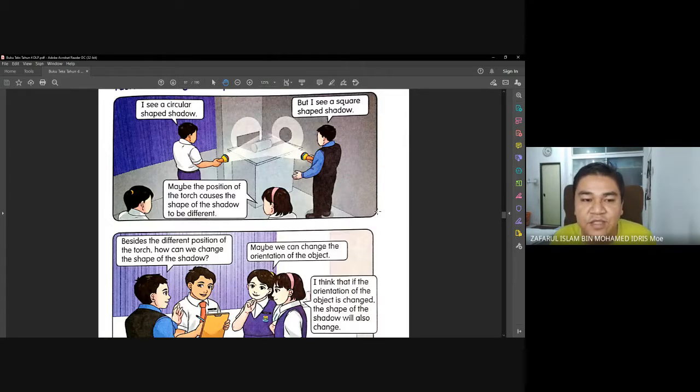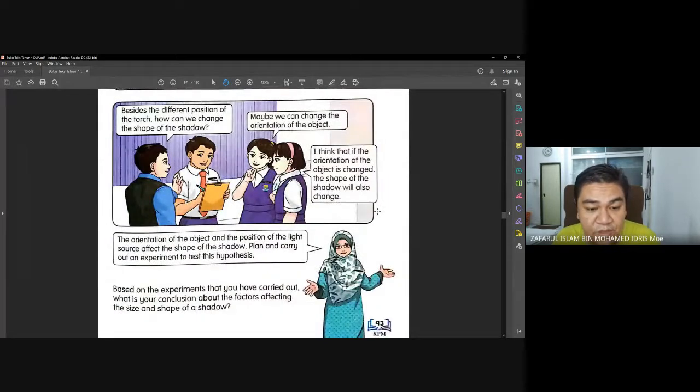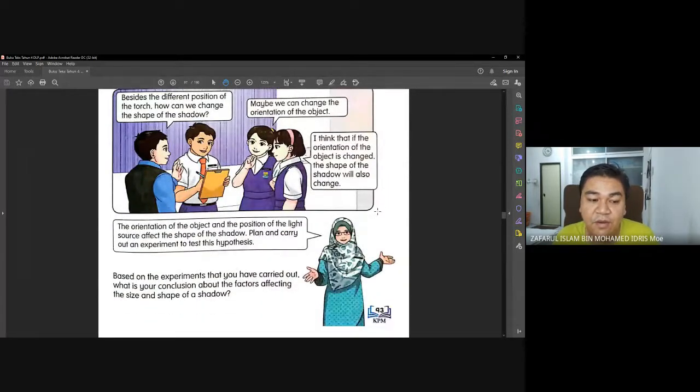Kalau objek tu kita tegakkan, kita akan nampak bayang-bayang dia lain. Kalau objek tu kita senget kan, lain. Kalau kita baringkan objek tu, dia lain. Bentuk bayang-bayang. Look. Tengok tu, diterangkan dekat bawah tu. The orientation of the object and the position of the light source affect the shape of the shadow.